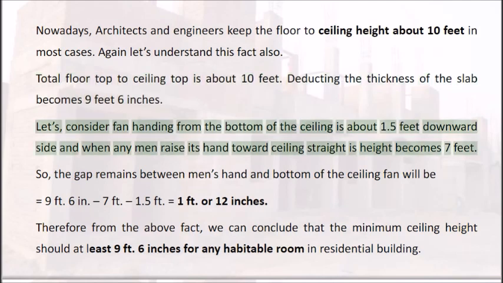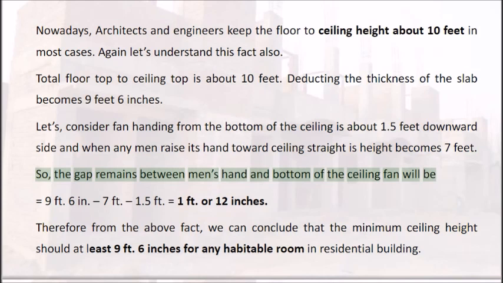Let's consider the fan hangs from the bottom of the ceiling about 1.5 feet downward, and when any man raises his hand toward the ceiling straight, his height becomes 7 feet. So, the gap remaining between the man's hand and the bottom of the ceiling fan will be 9 feet 6 inches minus 7 feet minus 1.5 feet, which equals 1 foot or 12 inches.